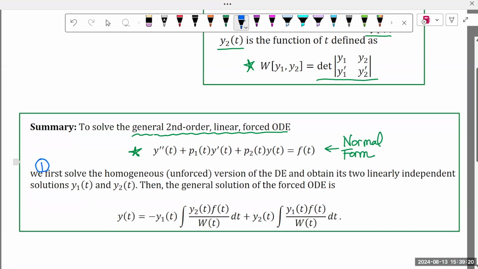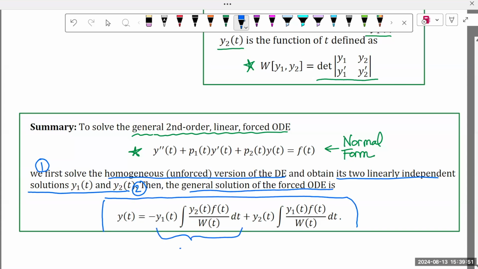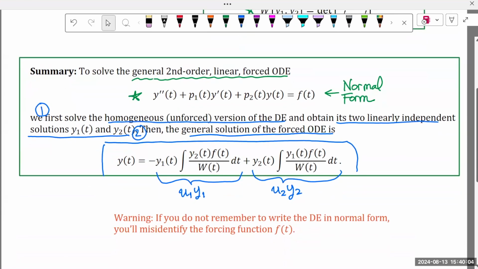We first solve the homogeneous unforced version of the DE and obtain its two linearly independent solutions, y1 and y2. Then we actually have a formula for the general solution of the forced ODE, which is given by the following. This first integral, remember, is u1, y1. And the second integral is u2, y2. Now just remember that if you do not write your equation in normal form, you will misidentify the forcing function, and that can cause problems when looking for a solution.